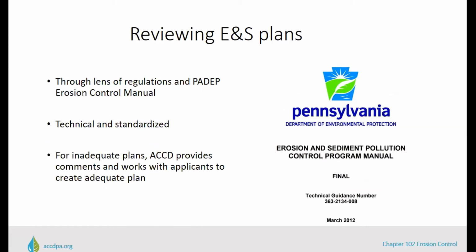This manual provides guidance and procedures on BMPs used to minimize accelerated erosion during earth disturbance. Our staff uses the manual when evaluating a plan's adequacy. If a plan is inadequate, ACCD would provide deficiency comments and work with applicants and their consultants to make adjustments to get to an approved plan.